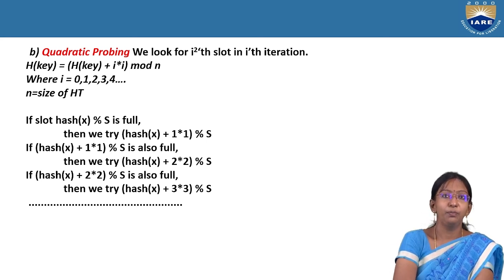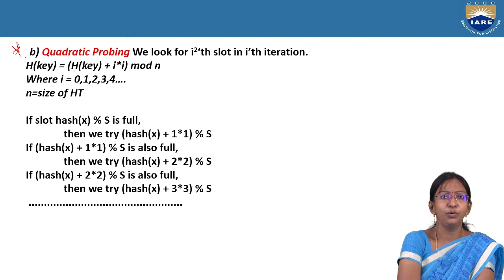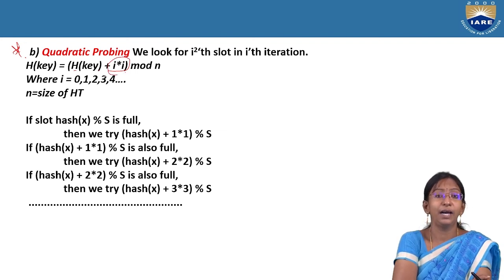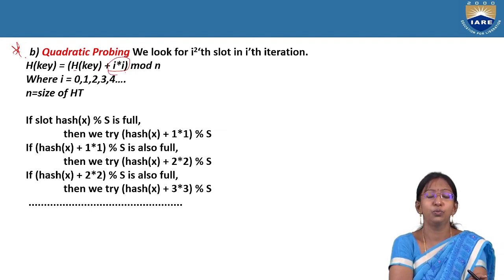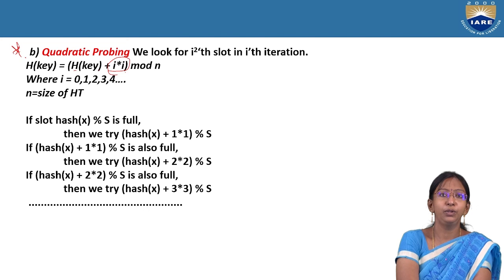Quadratic probing is very important from an exam point of view, guys. They'll give you problems on it. Previously you had hash of key mod n. Now you are going to use plus i square, where the i value runs from 0, 1, 2, and so on. You can extend it to any value of i.